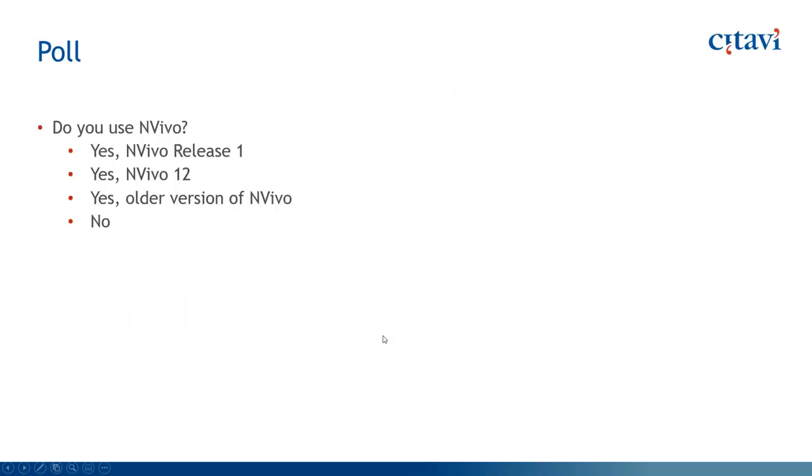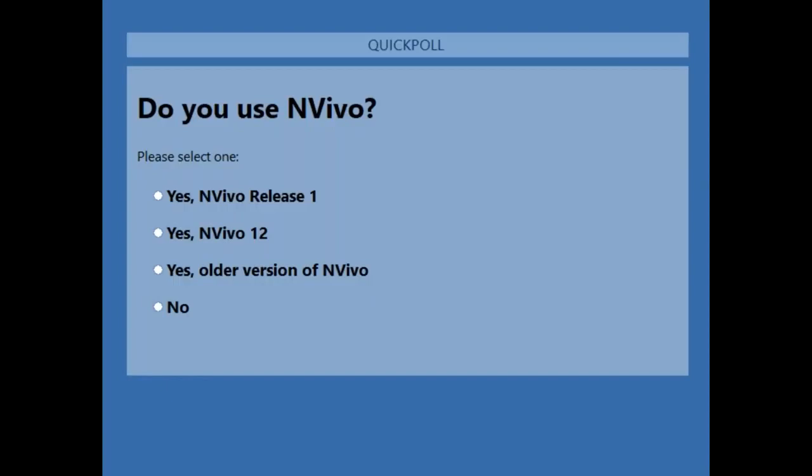So first, we do have a poll. We just want to make sure we're addressing the audience the right way with our presentation. Do you have NVivo? Yes, you have the latest release, which came out in March 2020. Yes, you have NVivo 12. Yes, you have an older version, or no, you don't have NVivo. I'll give people a few seconds to take it.